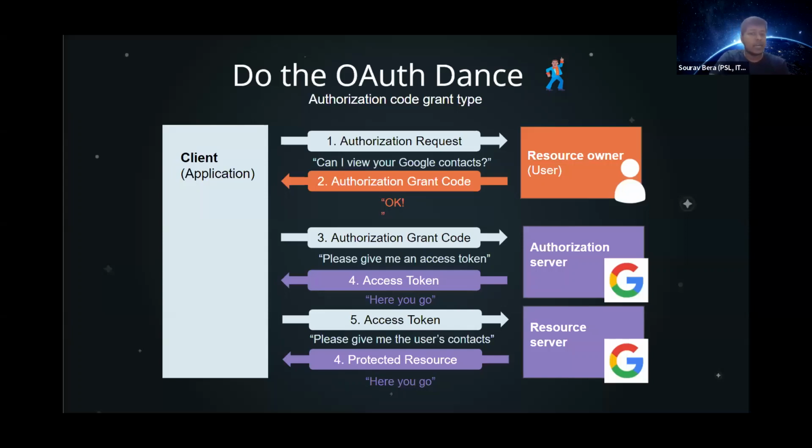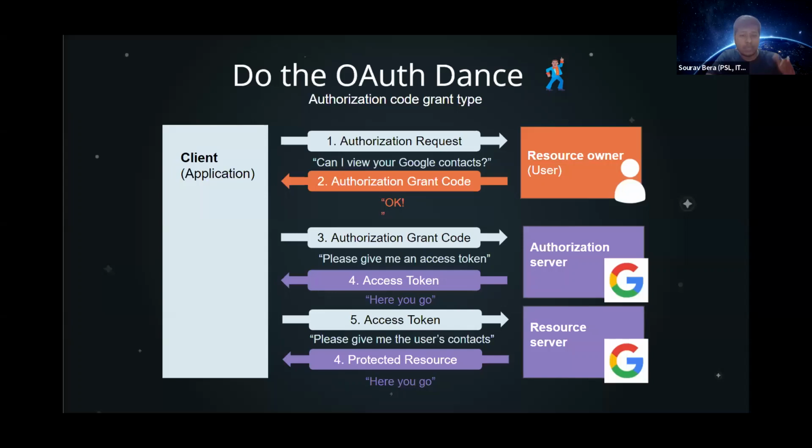The application client requests authorization from the user, the resource owner, to access a scope of their resources, for example, their Google contacts. And oftentimes this step is done using a third-party authorization service.